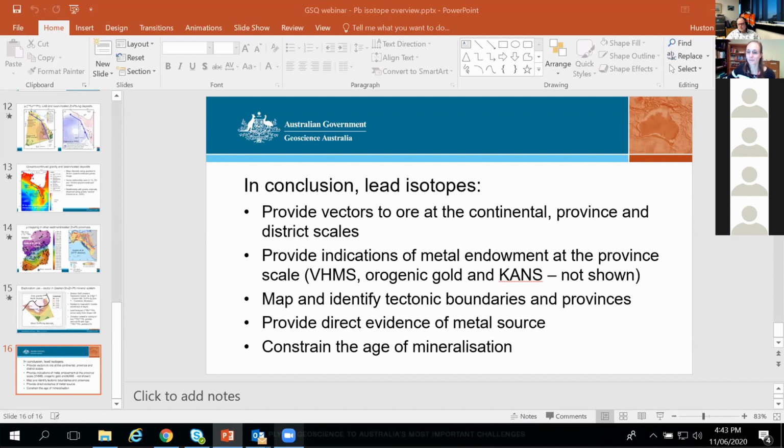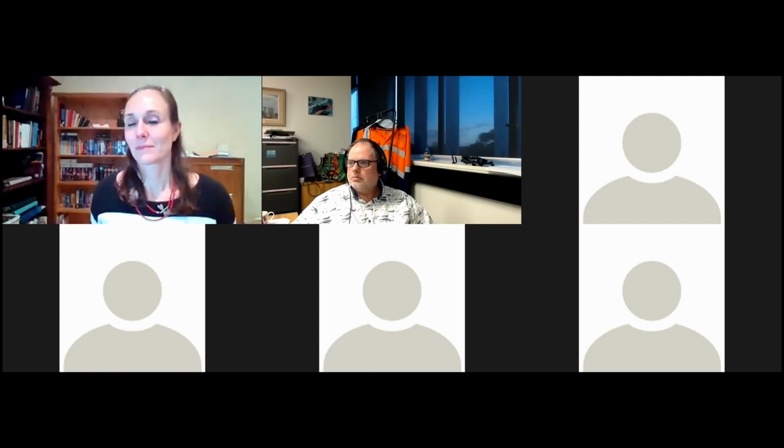So you can start to get initial ratios, and you can do that a couple of ways. They do a leach, where they leach out the radiogenic lead, because it's quite easy to get out. And then they analyze the residual, and that gives you the initial ratios. So that's one way to do it.